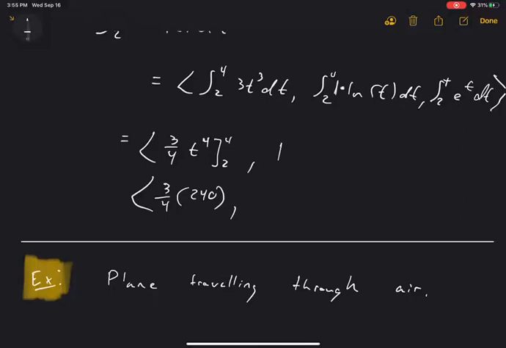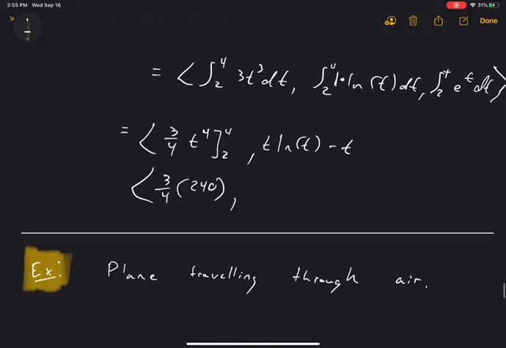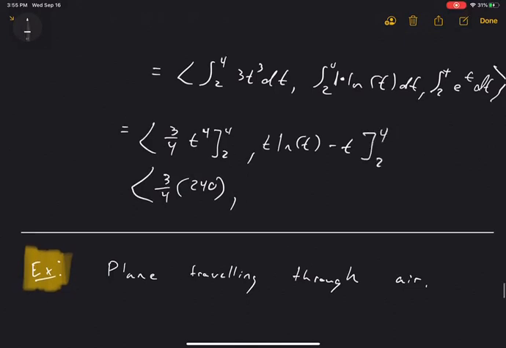I believe it's t ln of t minus t. And then evaluating from 2 to 4, that would be 4 ln of 4 minus 4, minus 2 ln of 2 minus 2, something like that.